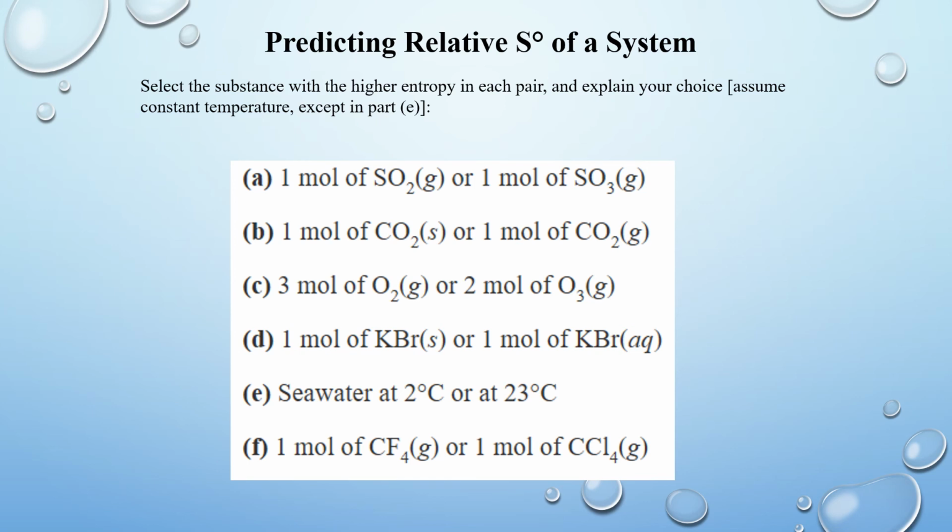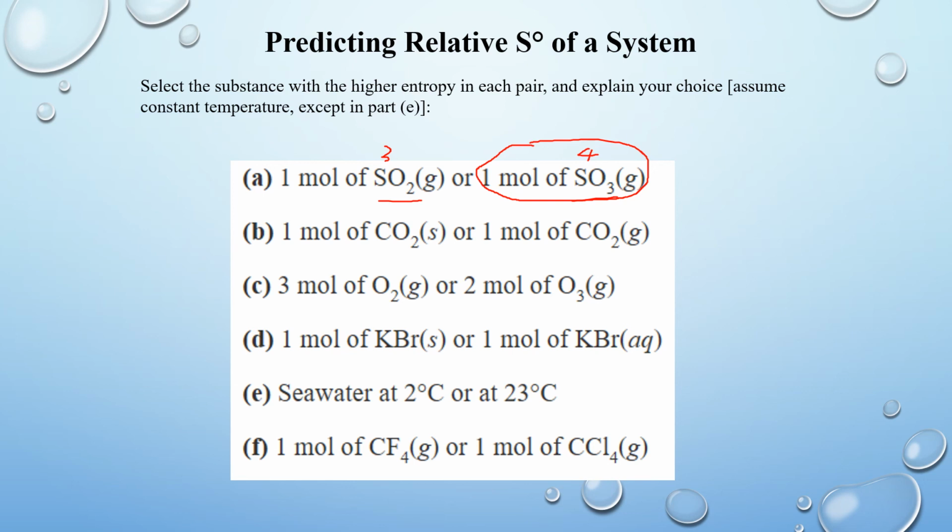For A, we want to compare 1 mole of sulfur dioxide and 1 mole of sulfur trioxide. Here you have the same number of moles of molecules, but the molecules are different. Each sulfur dioxide molecule has 3 atoms, while this one has 4 atoms. So in this case, we say this 1 mole of sulfur trioxide has higher entropy because you have more combinations of microstates, since each molecule has more atoms than sulfur dioxide.